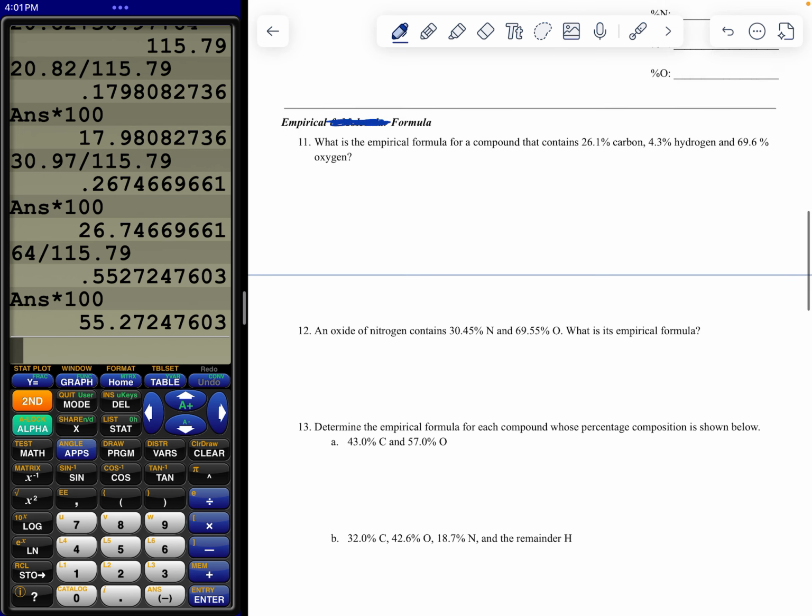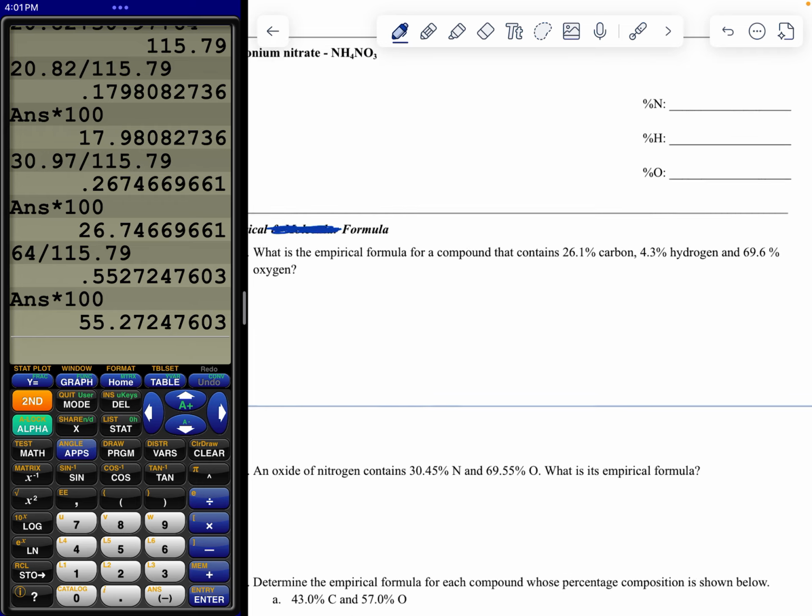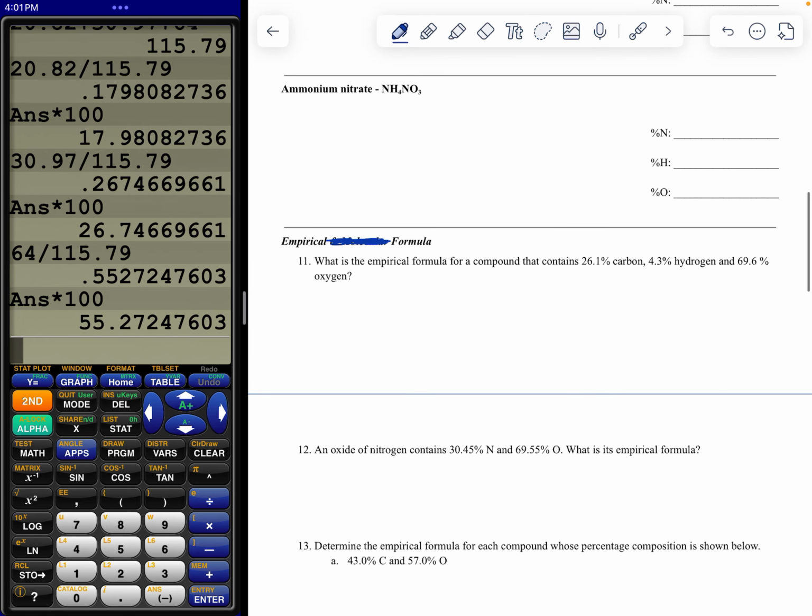Just note that we do have our conversions, right? We're able to say if it's like 0.9, you can round up. 0.0 or even 0.1, sometimes you can round down to the nearest whole number, but if you end up with something that's 0.5, you have to multiply by 2. 0.33 or 0.66, you multiply everything by 3. 0.25 or 0.75, you multiply everything by 4.